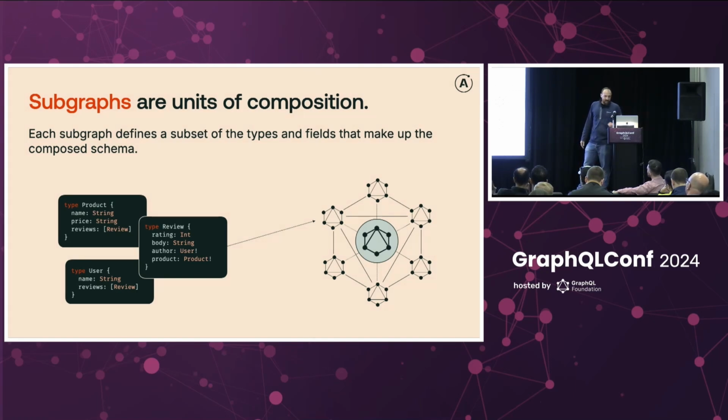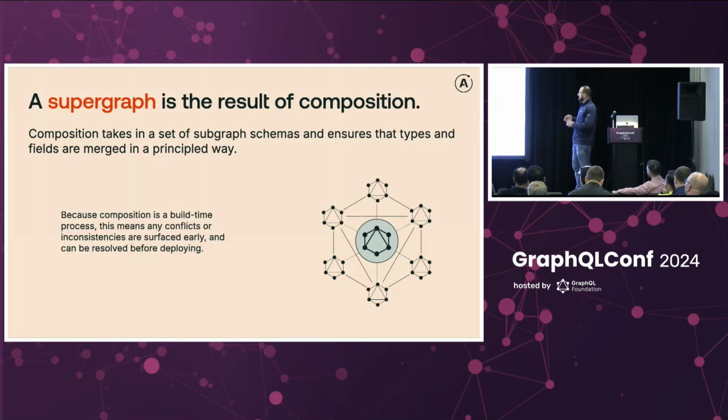Once we have these subgraphs, we compose them into what we previously referred to as the composed schema. We've started referring to this as a supergraph. A supergraph in this model is not something you write yourself. It's not some kind of artifact that you write. It's not a mapping file, and it's not code.